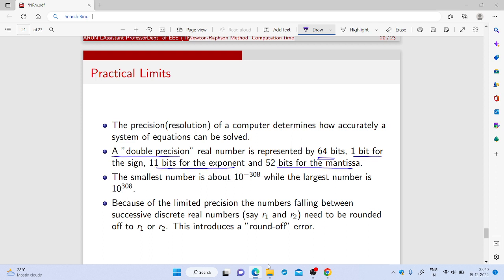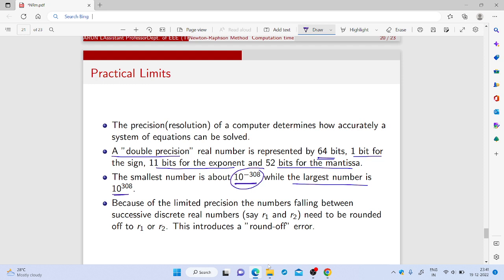So it is a finite representation. There are a finite number of bits available to represent the data. Due to that, there will be limitations in the smallest number or the largest number that can be reached. The smallest number in this case is 10 to the power minus 308, while the largest number is 10 to the power 308.